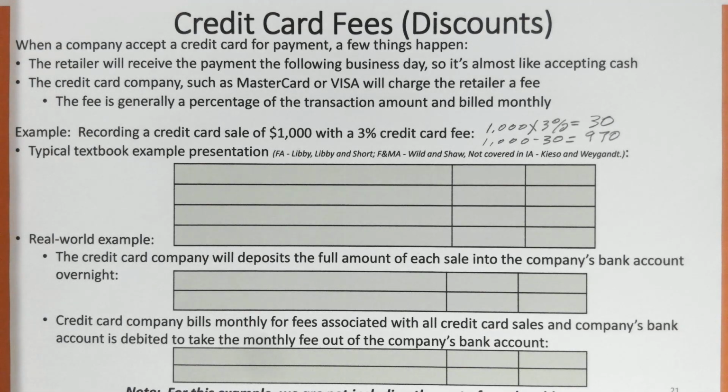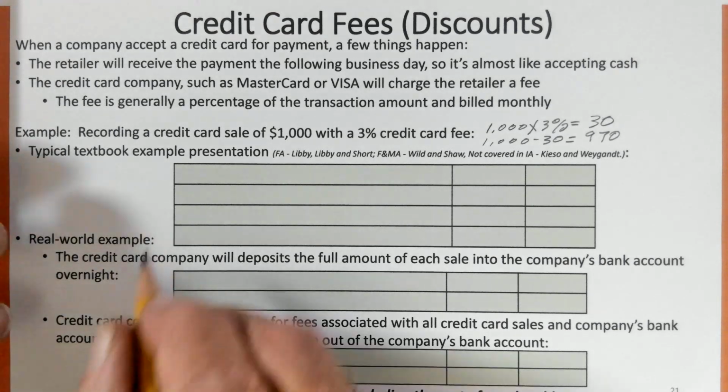And the reason we record it as cash is because when a company sells on credit card, they receive that cash immediately, like that night. Most of the time, the credit card proceeds go into the bank before their cash sales go into the bank. So instead of debiting credit card receivable or accounts receivable, we take it right to cash.